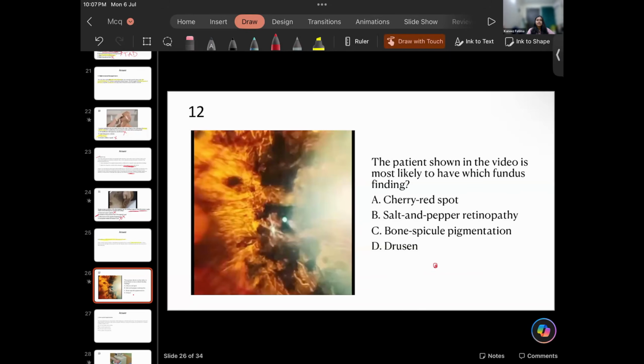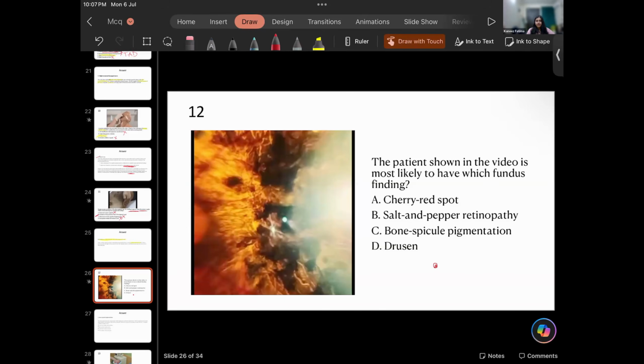The cherry red spot basically occurs because there is decreased blood supply in the remaining part of the retina, and so the particular part which receives a normal blood supply appears more reddish, and so it is not a cherry red spot. Salt and pepper retinopathy again doesn't look like a salt and pepper retinopathy.